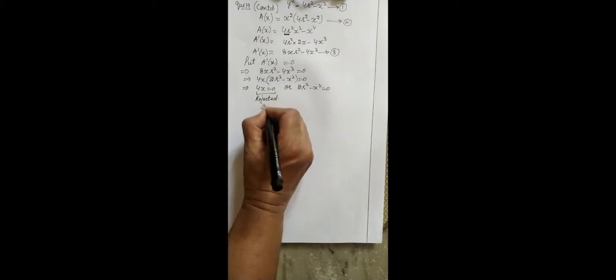Now this value is not possible because if x becomes 0, then there will be no length of the rectangle, there will be no rectangle then. So we reject this value. So I have only one value in this case: 2r square minus x square equal to 0 means x square is equal to 2r square, which gives me the result that x is equal to root 2 r.